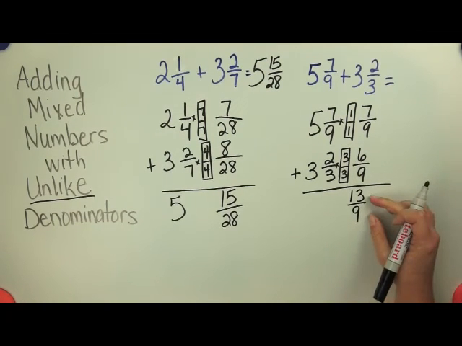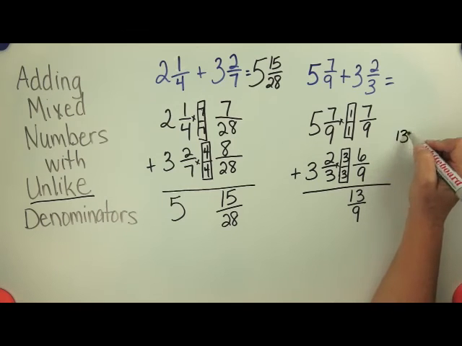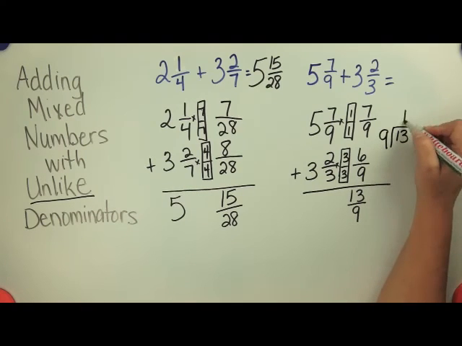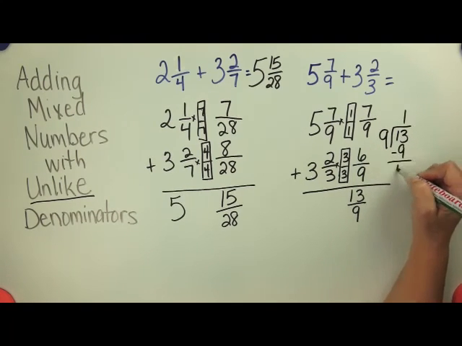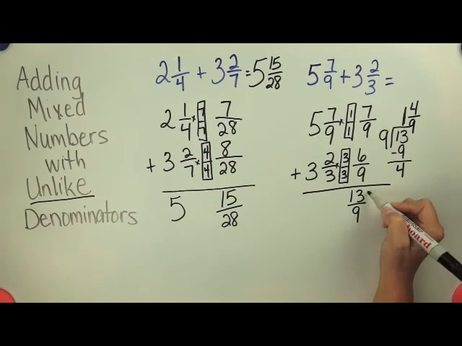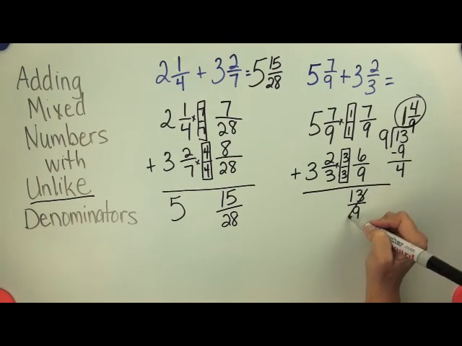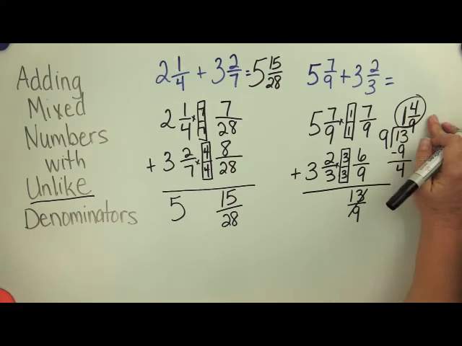So we actually have an improper fraction here. We're going to rename that improper fraction. 13 divided by 9 is 1 whole and 4/9. So instead of 13/9, I now have 1 and 4/9.